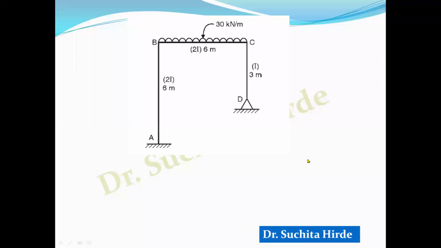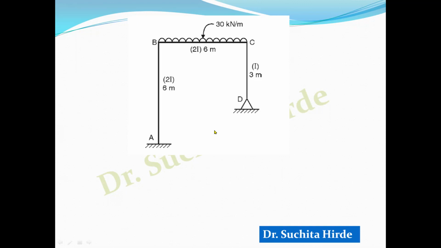Let us understand the method using this problem. So this is an unsymmetrical portal frame. First of all, you must identify whether the problem is a sway problem or a non-sway problem. When the portal frame is unsymmetrical, it is a sway problem. So here support conditions are not the same, the length of column is also not the same, and the moment of inertia, that is the cross section of column, is also different.